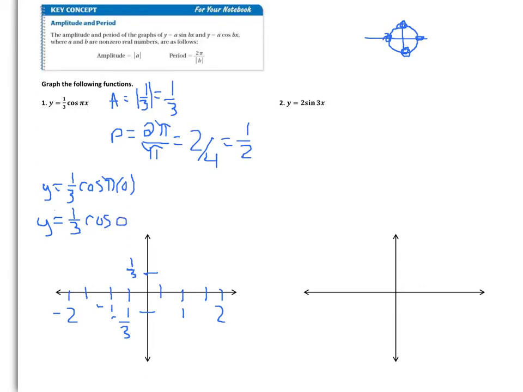Because what's the cosine of 0? 1. And what's 1/3 times 1? 1/3. Now follow the unit circle here. Doesn't cosine start when you're going in the positive direction and go from its maximum value to a 0? Because isn't the x value 1 here and then 0 here? So guess what? If I plugged in 1/2, watch.